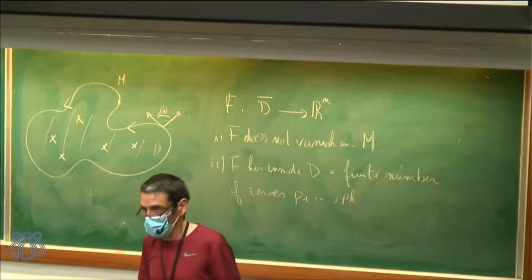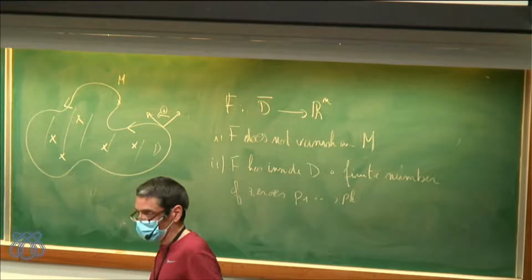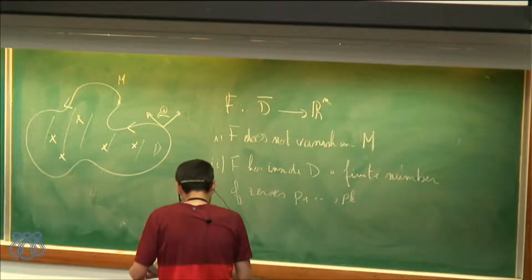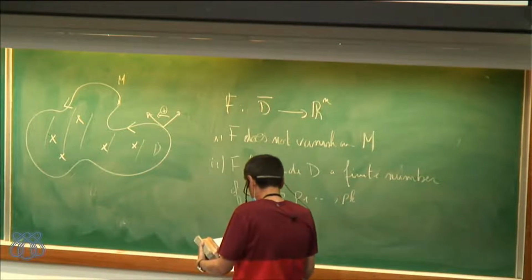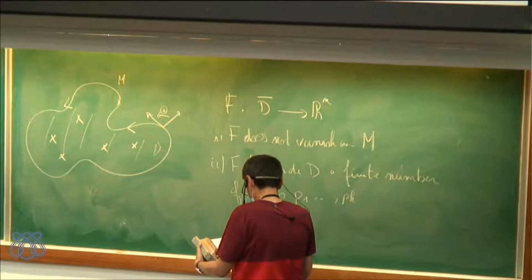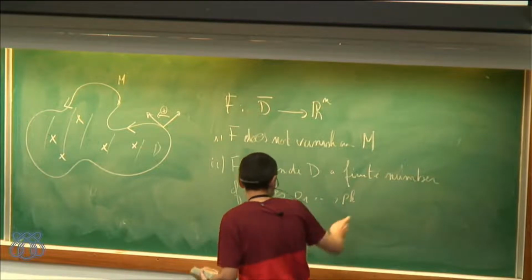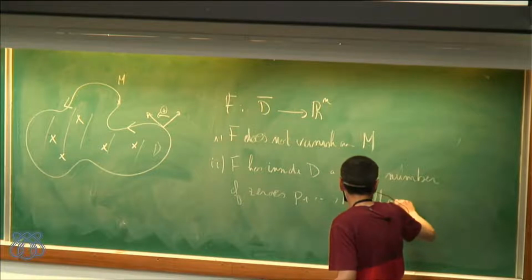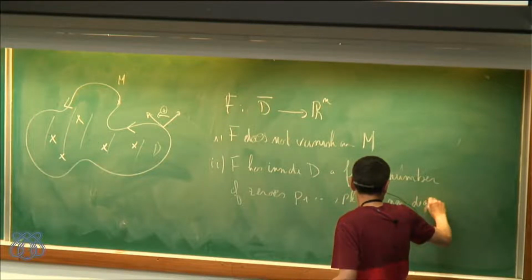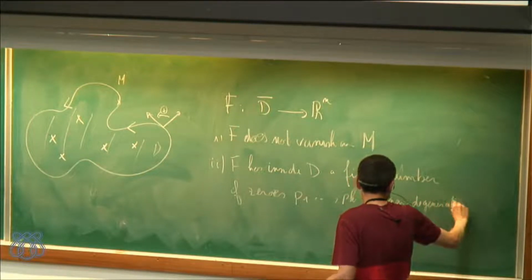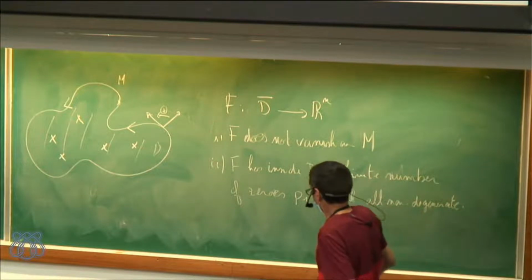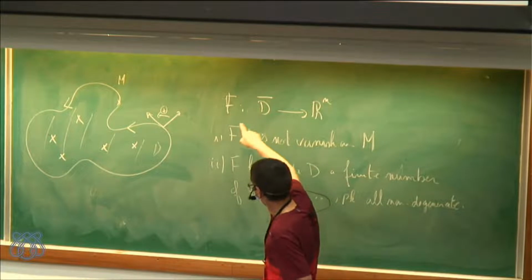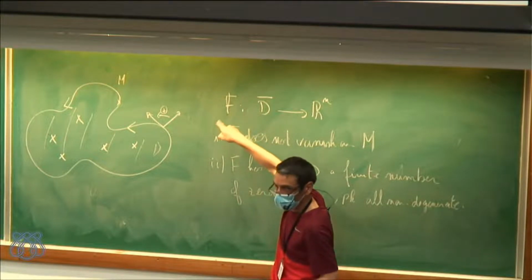This means that the differential of F does not vanish, it's not singular. So I can consider the mapping from M to the unit sphere, F divided by its norm.